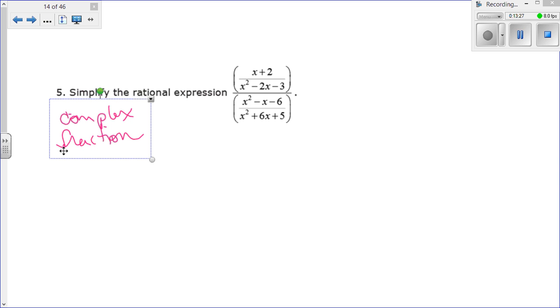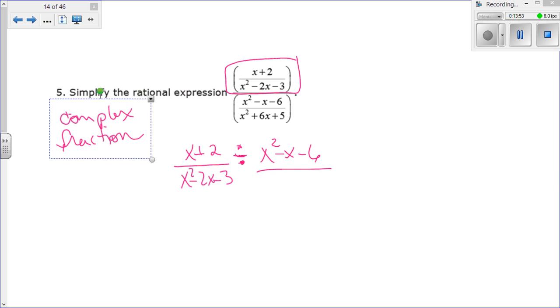So my first fraction, my numerator, I can rewrite as x plus 2 over x squared minus 2x minus 3, divided by, just rewrite it as divided by first, x squared minus x minus 6 over x squared plus 6x plus 5.